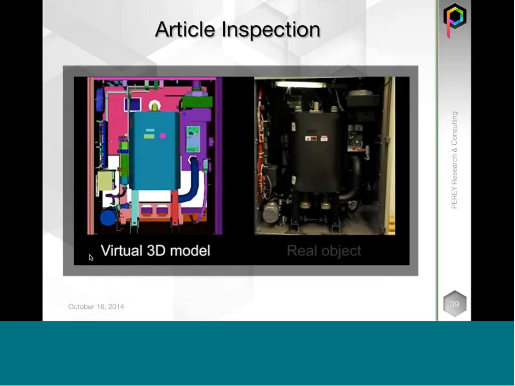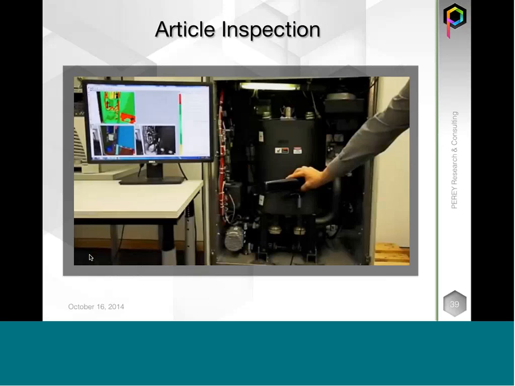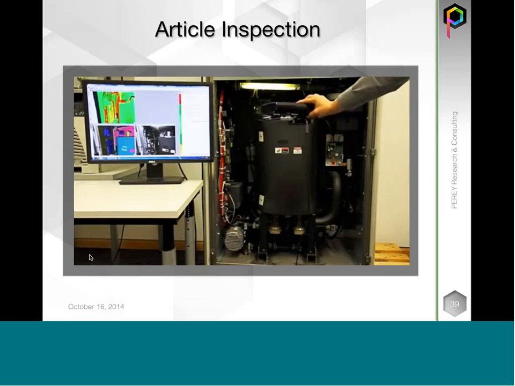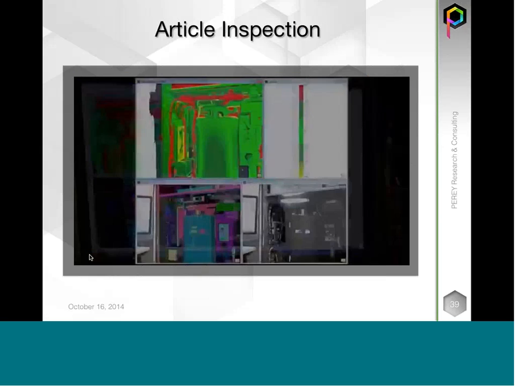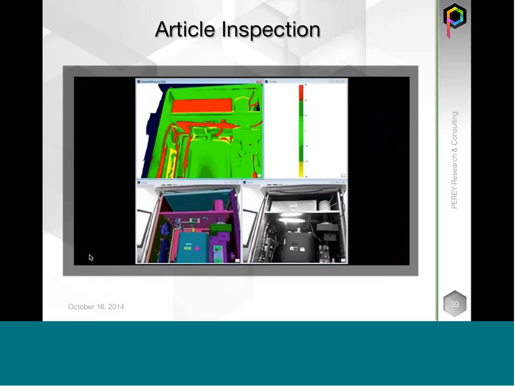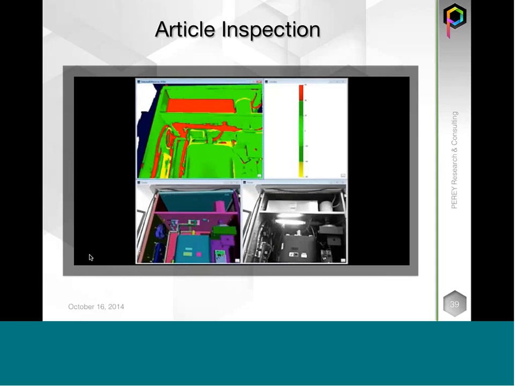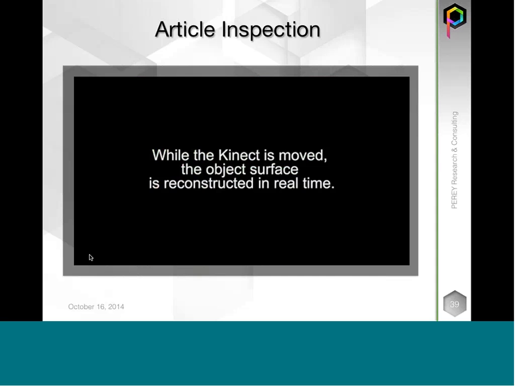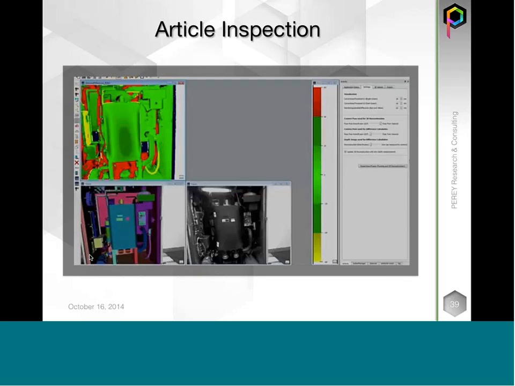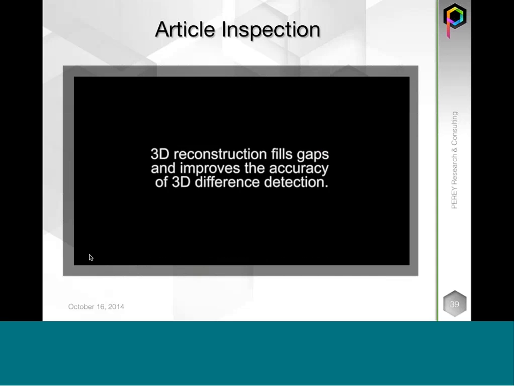It could be some kind of an electrical cabinet, or I'm not sure exactly what it is. There was originally a 3D model, and it is in the lower left-hand corner, and the actual unit is on the right. And above, we can see where the discrepancy is very high, the red appears. Where there's a very low discrepancy, it's green. Where it's yellow, it's a perfect alignment.